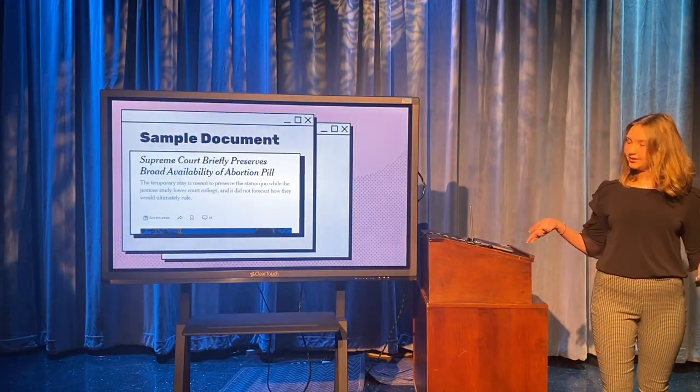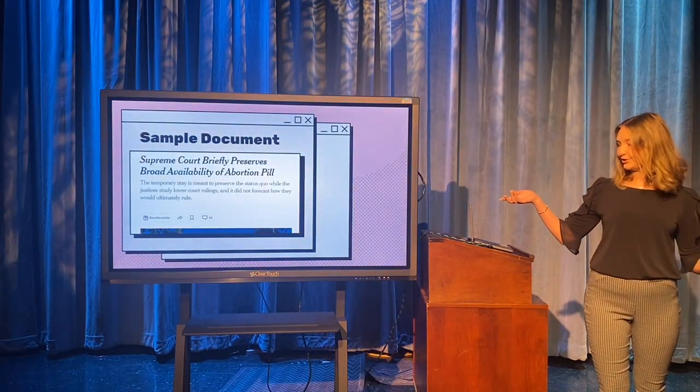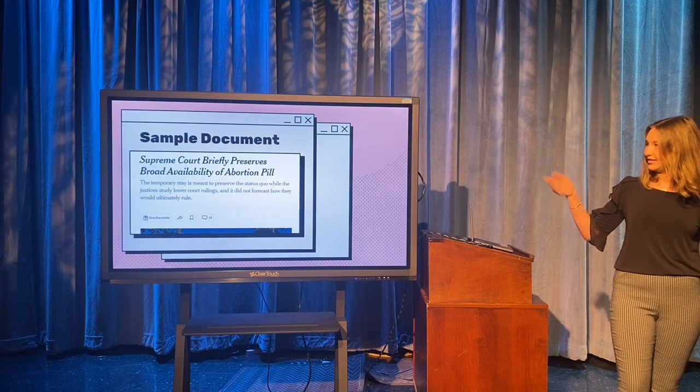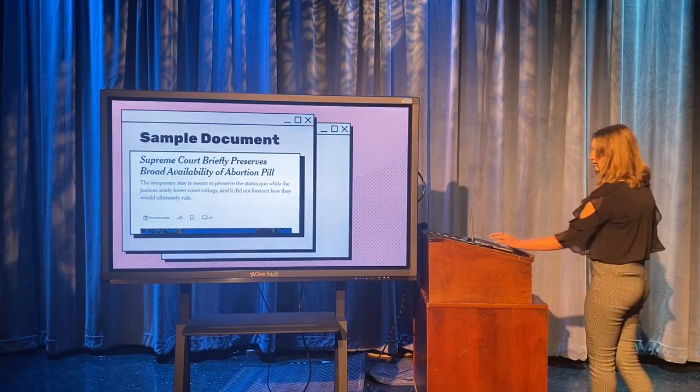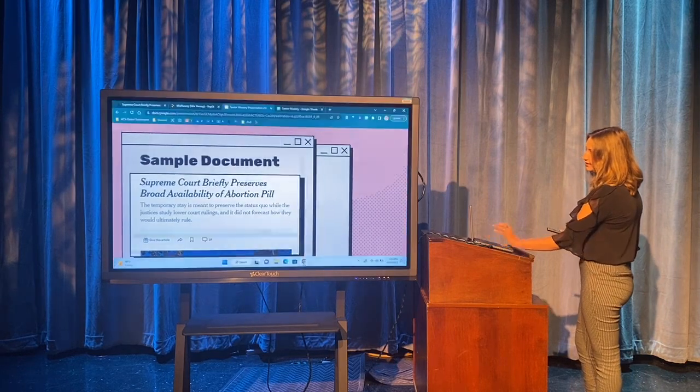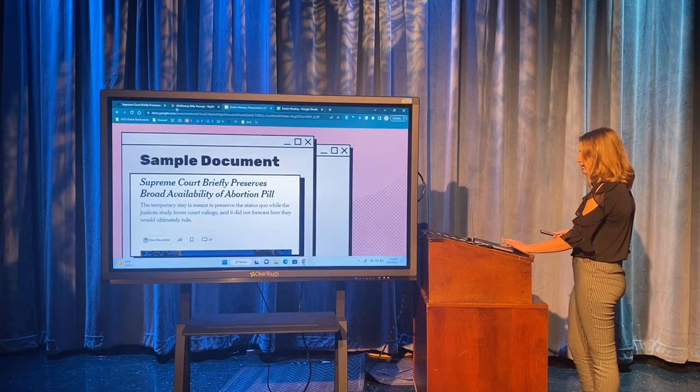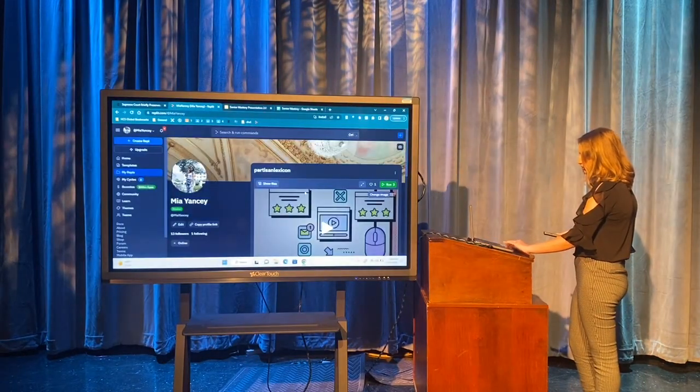So, we're going to do this on a sample document. This is a document just recently posted by the New York Times. It's about the availability of the abortion bill, a Supreme Court case that just went through, and I'm going to run this through my lexicon so you can see how it works.